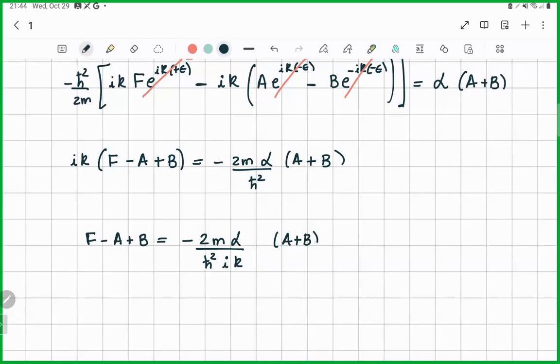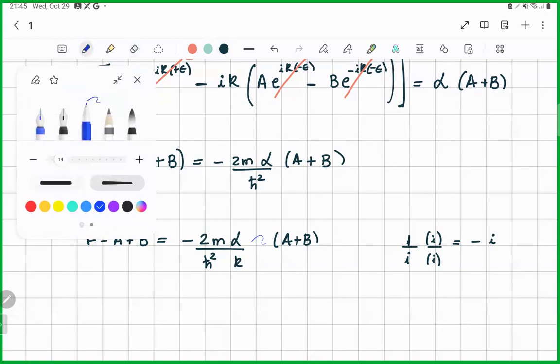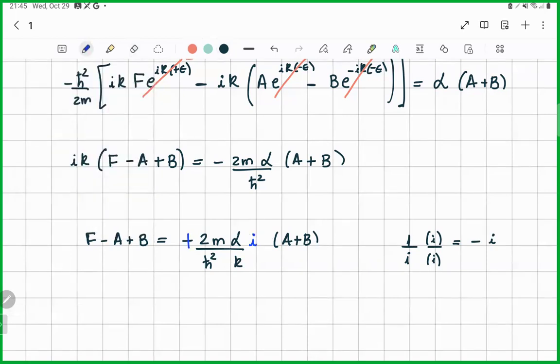Well, in the parentheses here, the I in the denominator can be brought to the numerator with a minus sign. So I'm going to get rid of this I here and bring it up with a plus sign.